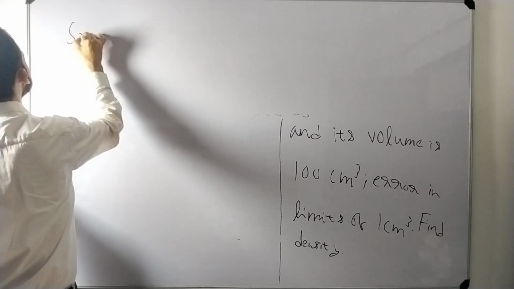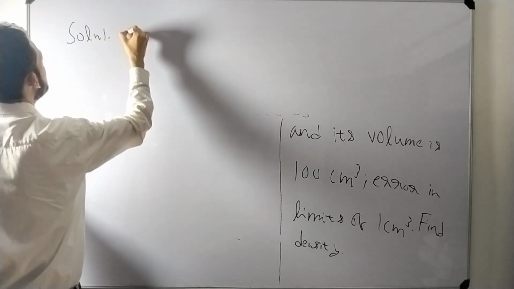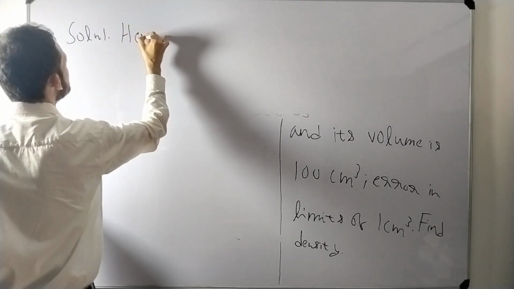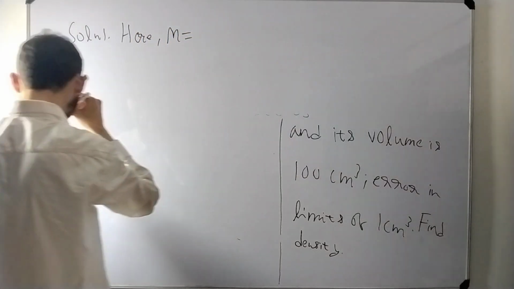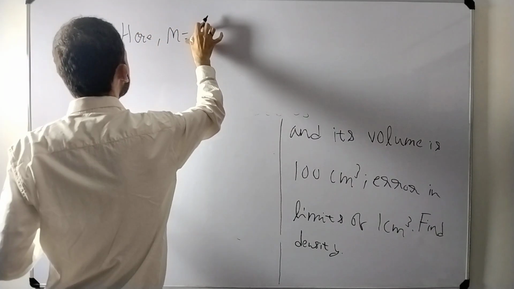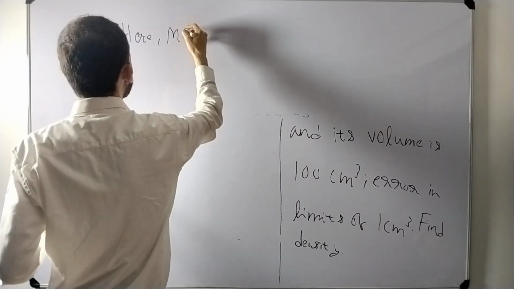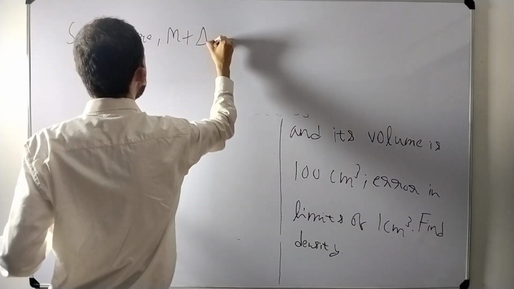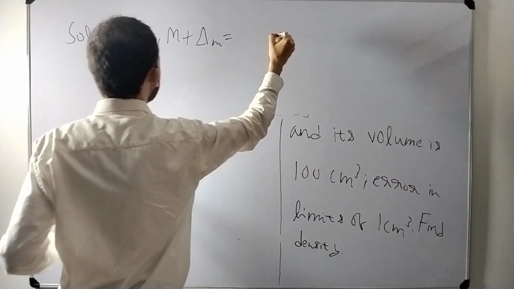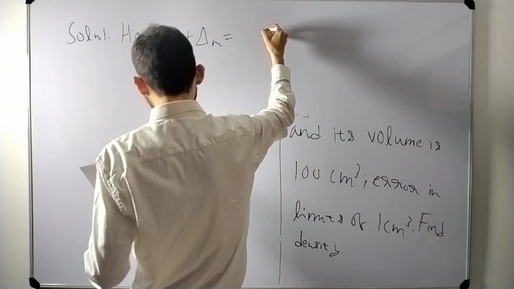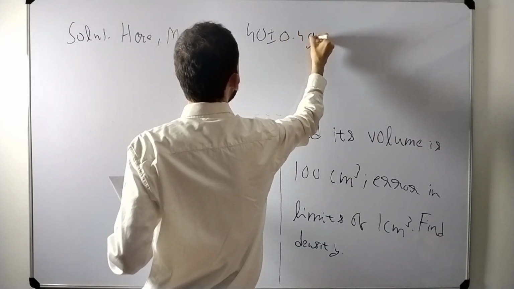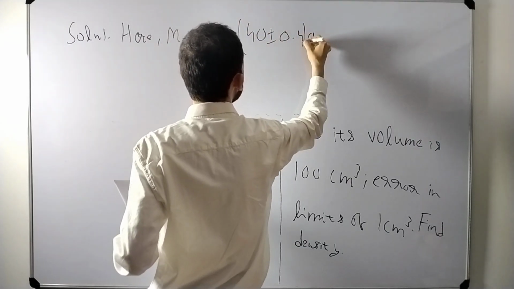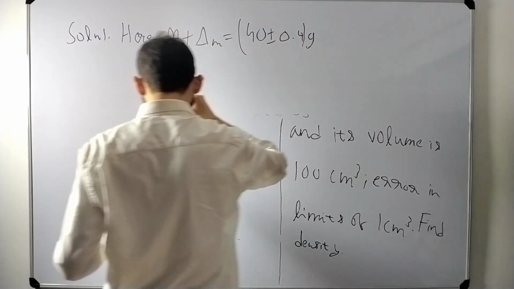Solution. Here, mass is what, students? Mass, total mass, M, del M. This makes 40 plus minus 0.4 gram. This is the error limit.